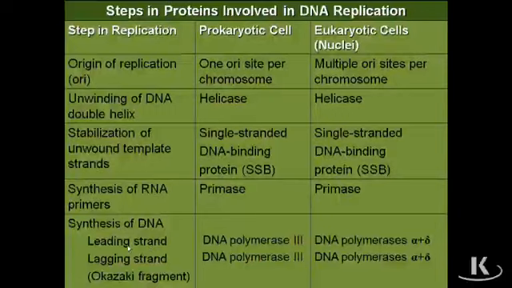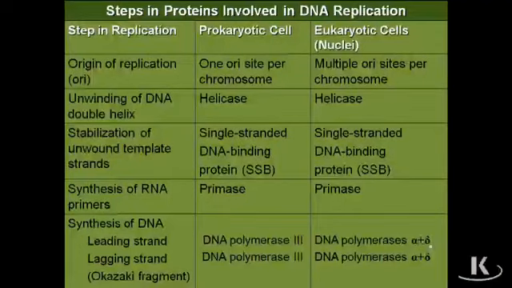The synthesis of DNA, there's going to be a leading strand and a lagging strand. The lagging strand, as we'd said, is divided up into Okazaki fragments. Here's the difference that you need to keep in mind. In prokaryotes, it's DNA polymerase III that does most of the replication. Not all, but most of the replication is accomplished by DNA polymerase III.